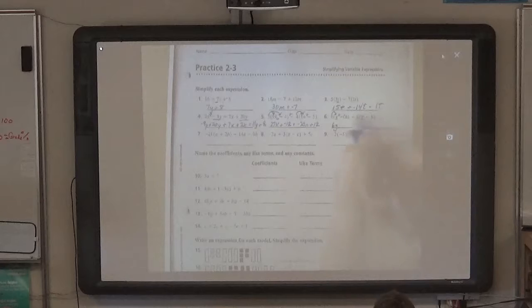So 6 times 1h is -6h. Then put the plus sign in here. -6 times g is -6g. And -6 times -h is plus 6h.